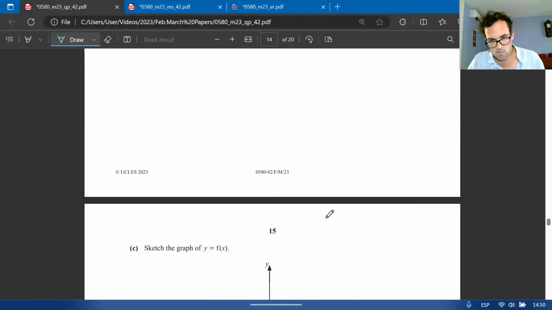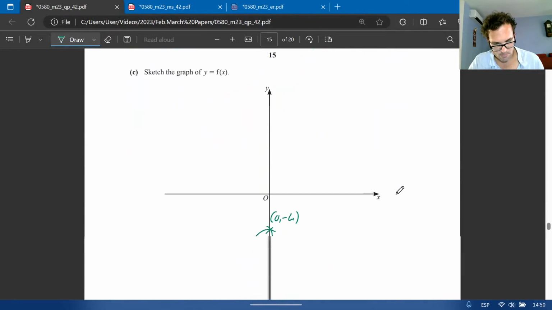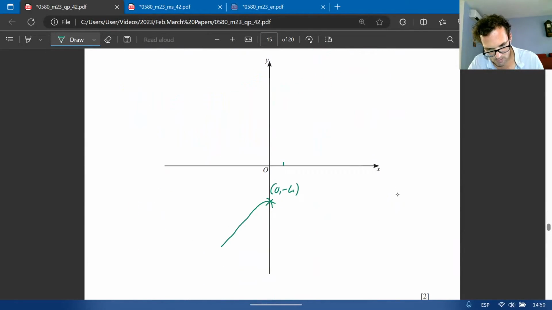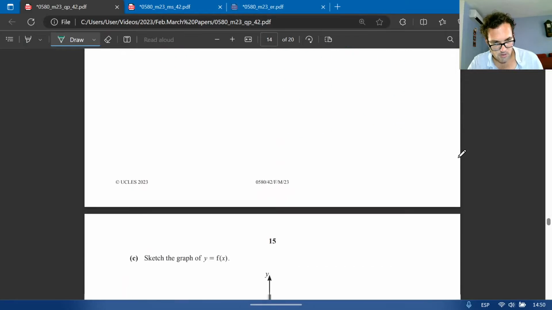We know that where x equals 1, it's got a negative gradient. So that's where it goes down. That makes sense. So if this is 1, then the graph is going down. It just needs to look neat. It's going down, and then the next turning point is at 2, minus 8.